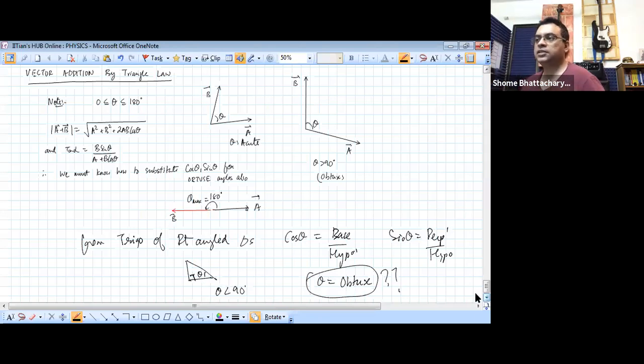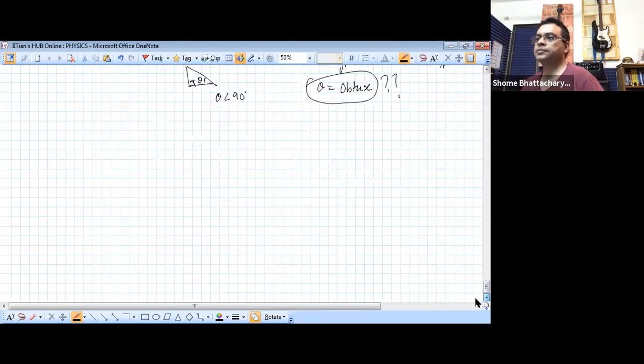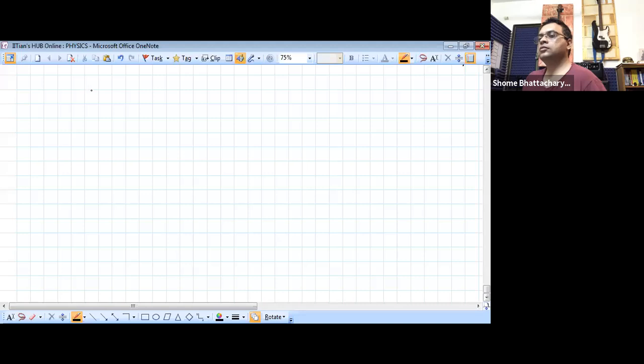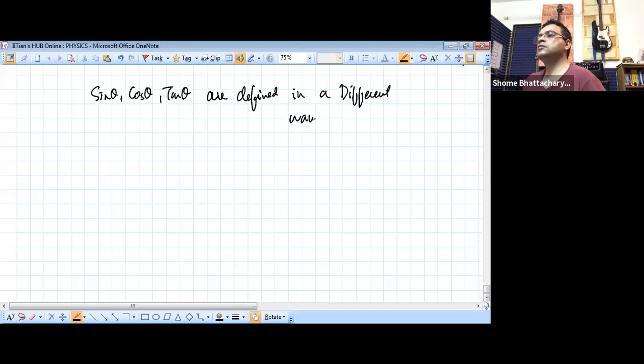Okay, so as it applies, what we have to understand is that sin theta, cos theta, and tan theta are defined in a different way when theta is obtuse.